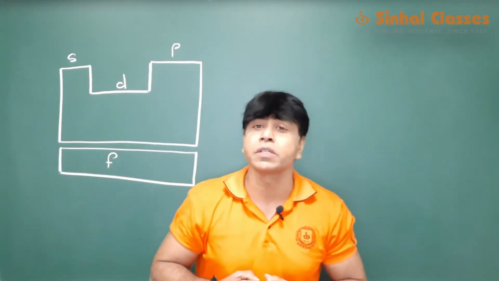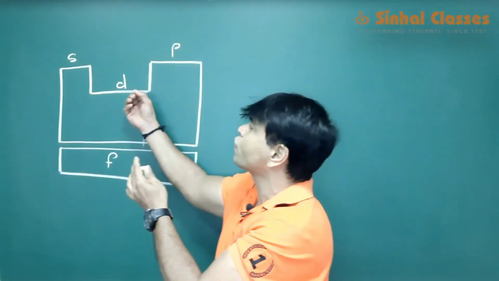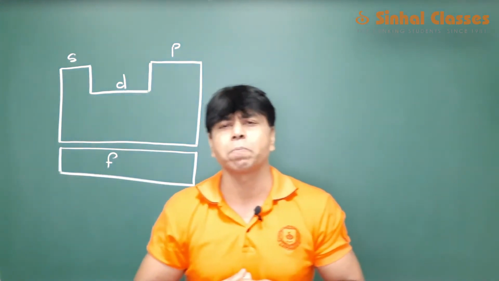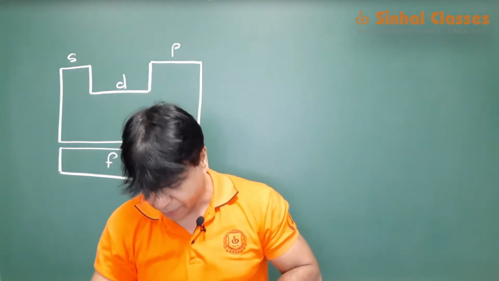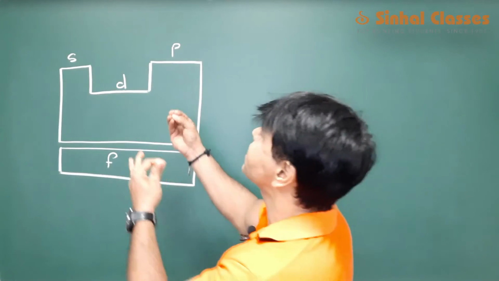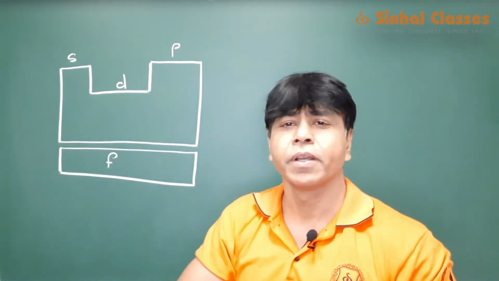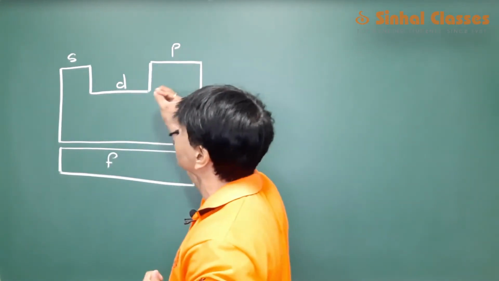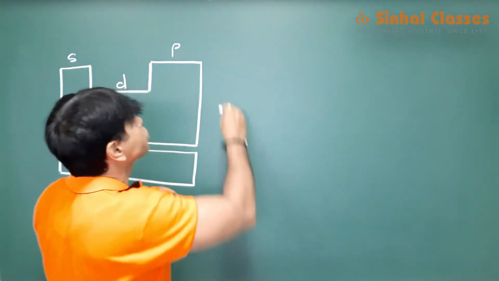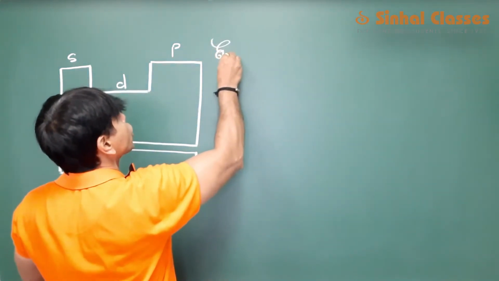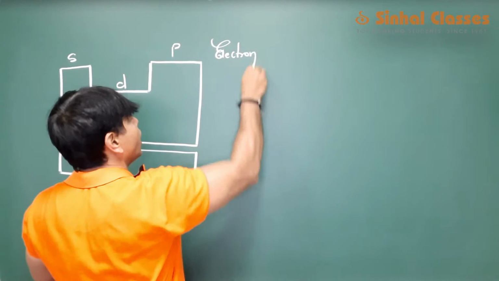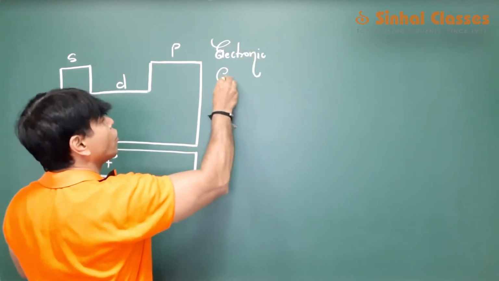Now the question is, what is the importance of this S, P, D and F? How are the elements arranged in it? The elements are arranged according to electronic configuration.